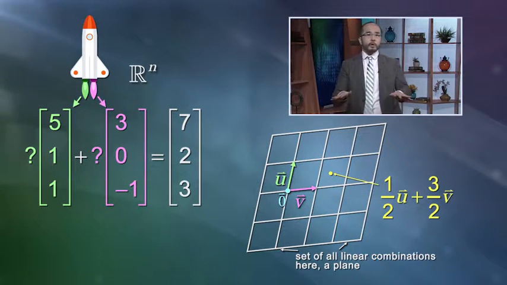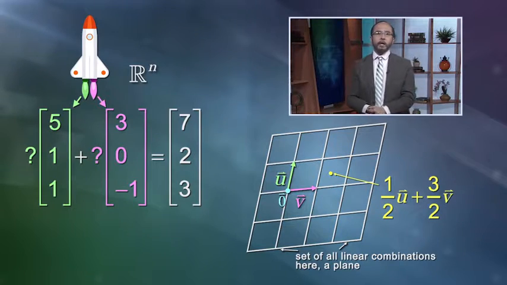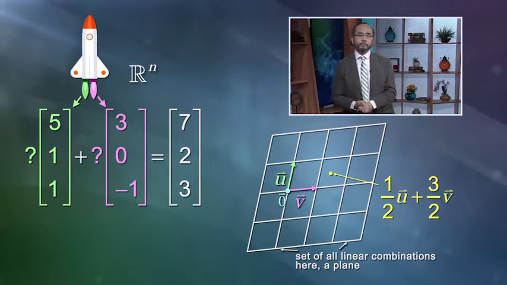This will be a subspace of R^n, but it may or may not be all of R^n. And if I were designing this spaceship, I might try to be as economical and use as few thrusters as possible. So if I don't need all the vector thrusters, I might get rid of some of them. Intuitively speaking, a basis of vectors for a subspace is a minimal set of thrusters that I might need to reach all the points in that subspace.